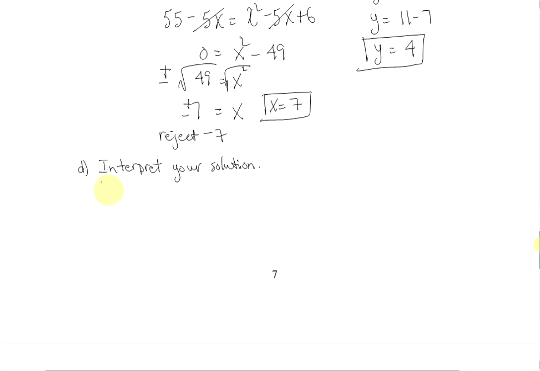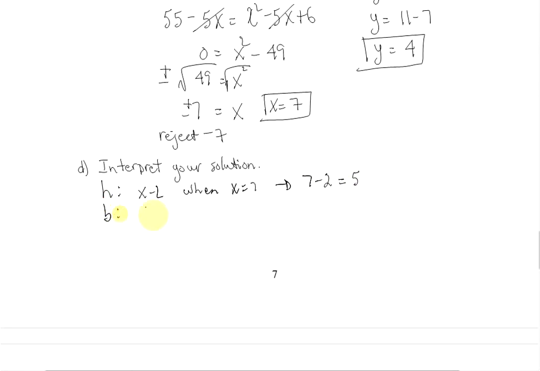Okay, so the expression for the height is x minus 2. So when x equals 7, I substitute that in, and I find that the height is 5.